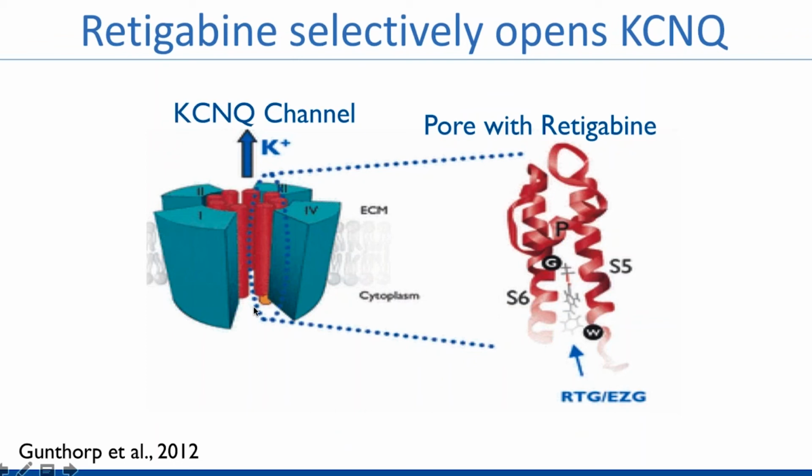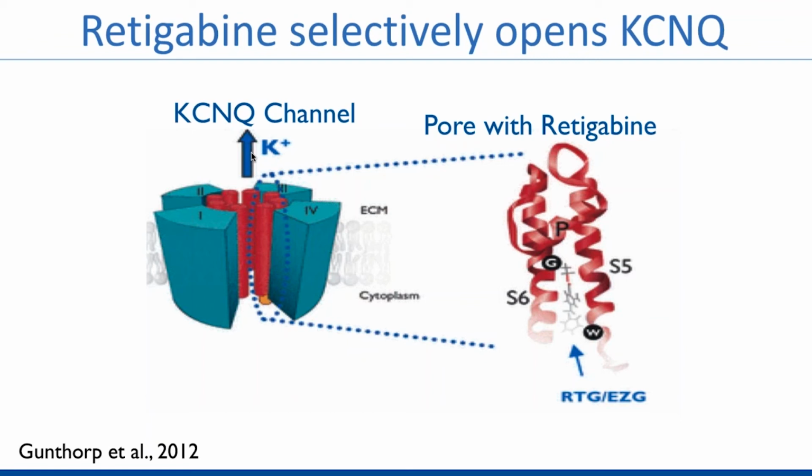pore of this potassium channel, such that every time that voltage-gated activity induces the channel to open to allow potassium ions to flow through, Retigabine's presence there allows more potassium ions to flow through. And so we reasoned that doing this might correct the underlying current deficiency and restore normal activity to those motor neurons.